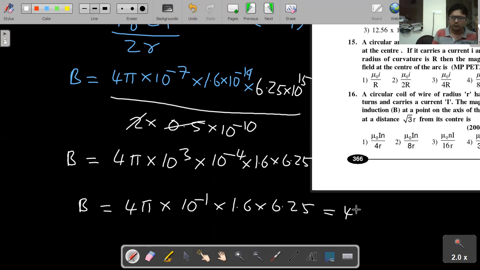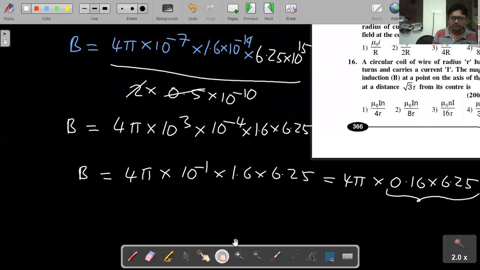So finally, if you calculate, 0.16 into 6.25 is there. So 0.16 into 6.25 value is nothing but 1. If you calculate this, 0.16 into 6.25, what's the value? It is 1.